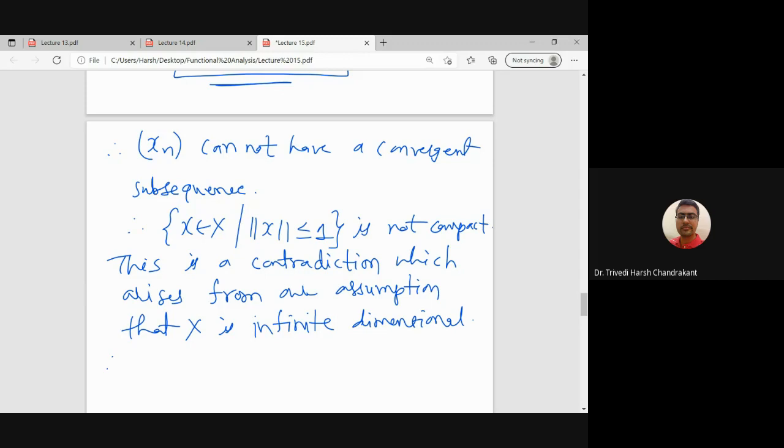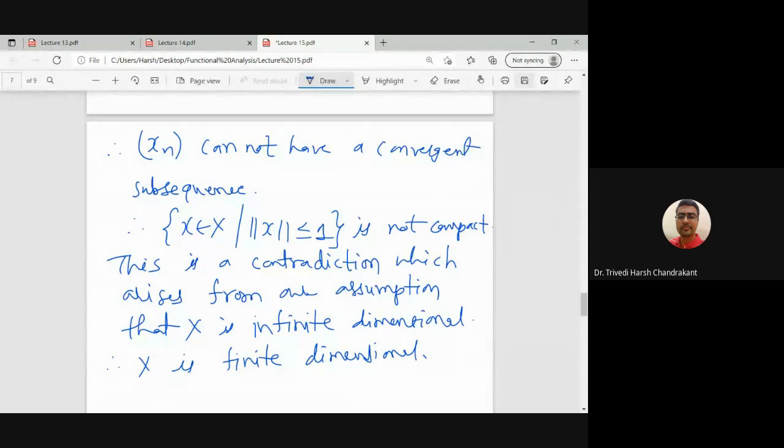So therefore X is not infinite dimensional, X is finite dimensional. So we proved 2 implies 3: by assuming the closed unit ball is compact, we proved X is finite dimensional.